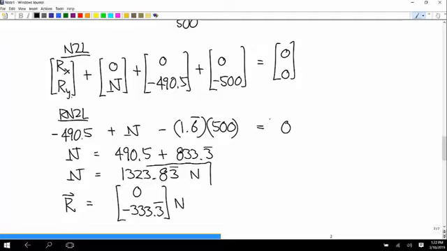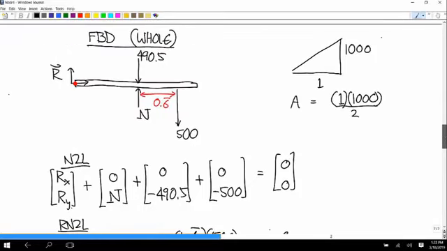So here are the external loads. This is pretty interesting.